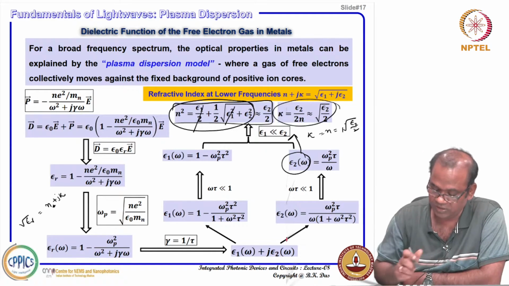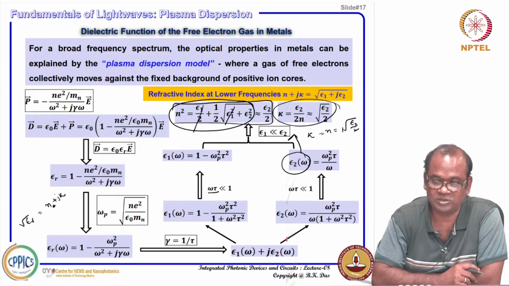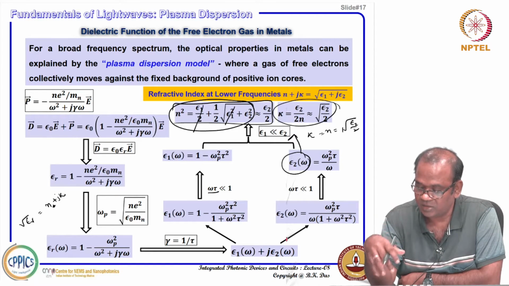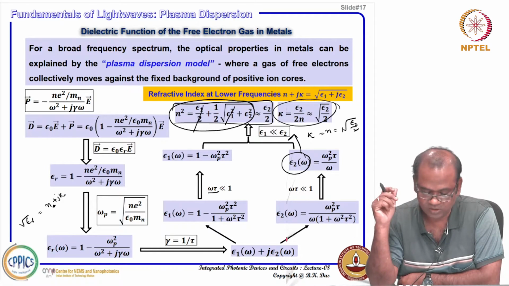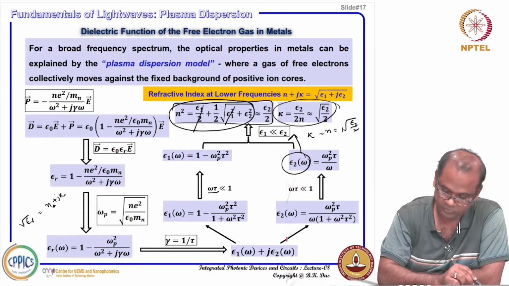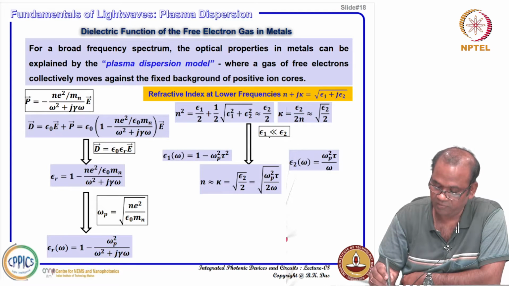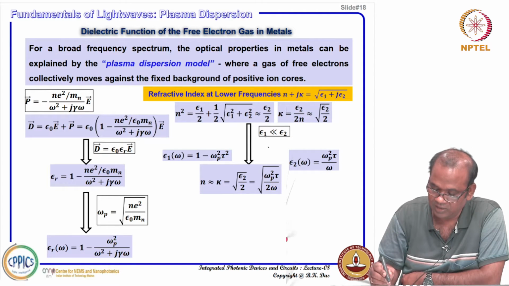So, what I mean to say is that when omega is very small, a smaller frequency, a very long wavelength, the real part and imaginary part of the refractive index, n and kappa, are almost similar. Okay. This is a little bit reverse situation I am considering. When epsilon 1 is much lower than epsilon 2, as we have considered earlier, then n equals kappa, both are the same.